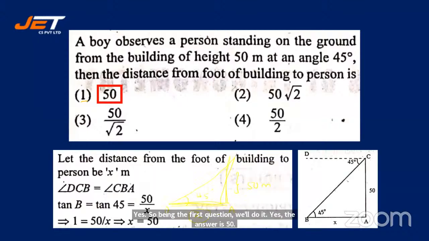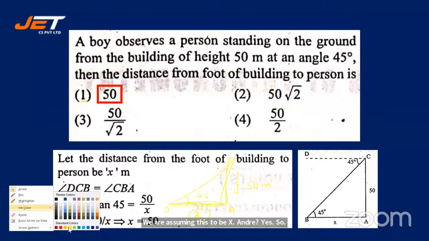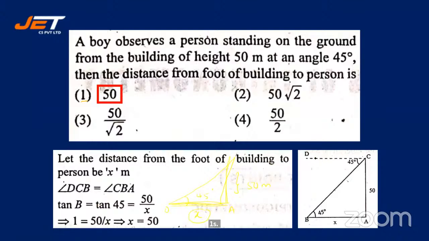Let the distance from the foot of the building to the person be X. Angle DCB is 45 degrees, which is equal to angle CBA, alternate angles.